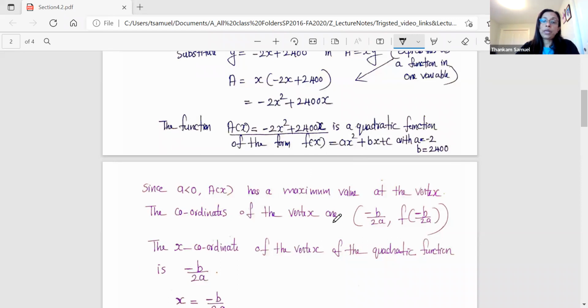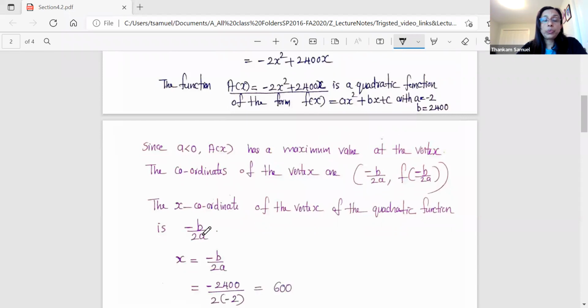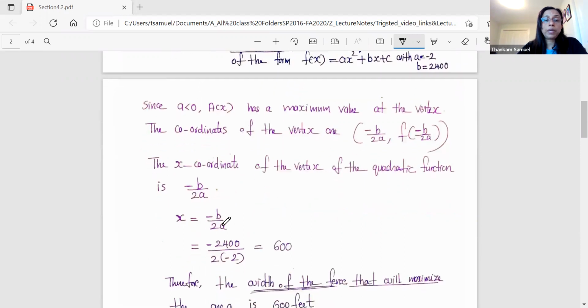We know the coordinates of the vertex are minus b over 2a and f of minus b over 2a. So to find the x coordinate of the vertex of our function A of x equals minus 2x squared plus 2,400x, we have to find minus b over 2a. We know that b is 2,400 and a is minus 2. So minus b over 2a is minus 2,400 divided by 2 times -2.